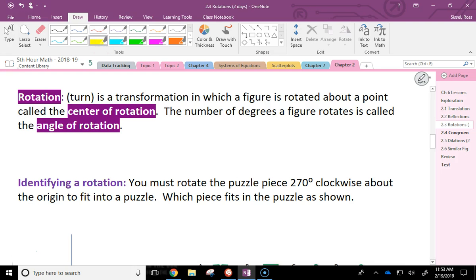Rotation is a transformation in which a figure is rotated about a point called the center of rotation. The number of degrees a figure rotates is called the angle of rotation. It is also called a turn. So a lot of times we will call a rotation a turn.